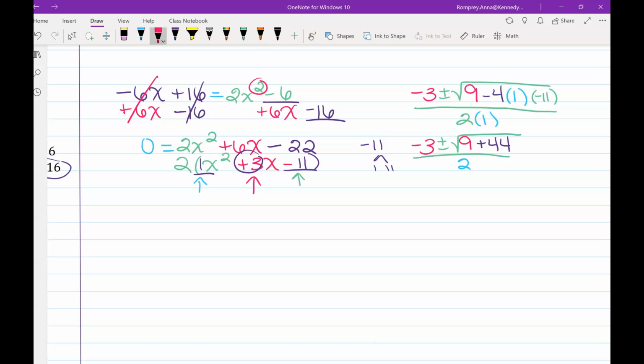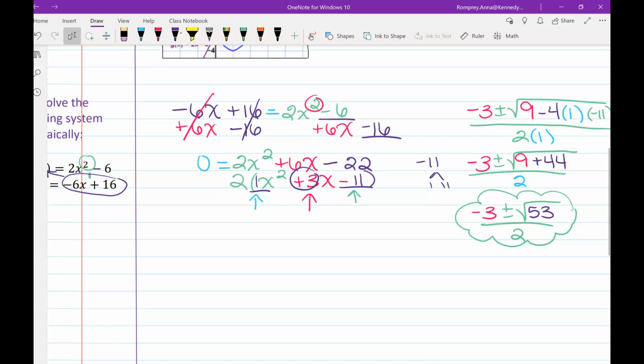So negative 3 plus or minus the square root of 53, divided by 2. I cannot simplify that radical. 3 is not divisible by 2 anyway, so that is simplest form.